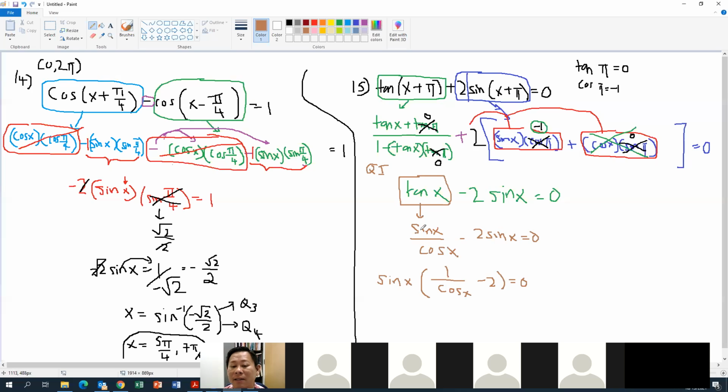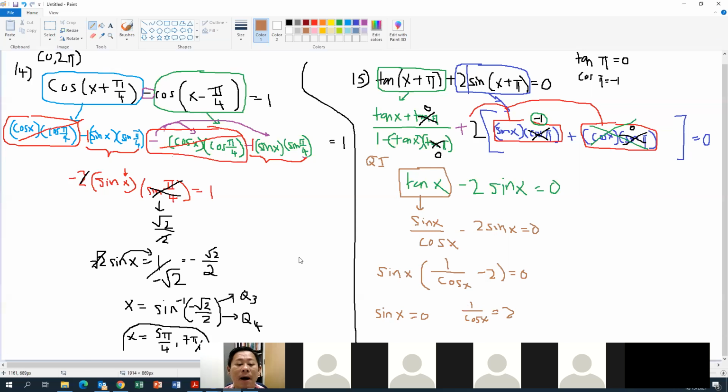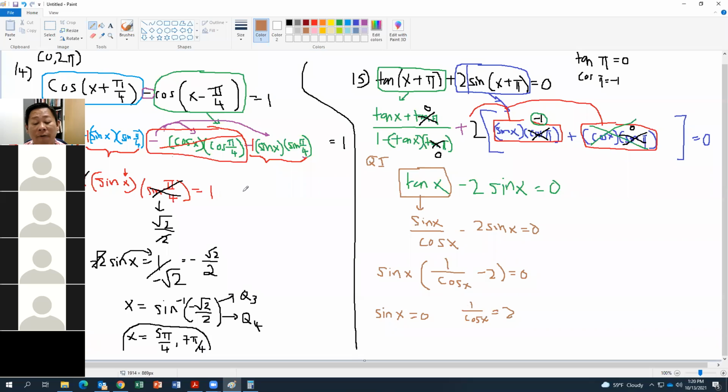Since this is equal to 0, we can set each factor equal to 0. So sine x equals 0, and 1 over cosine x equals 2, because we move the 2 over. This is the part that you will solve.